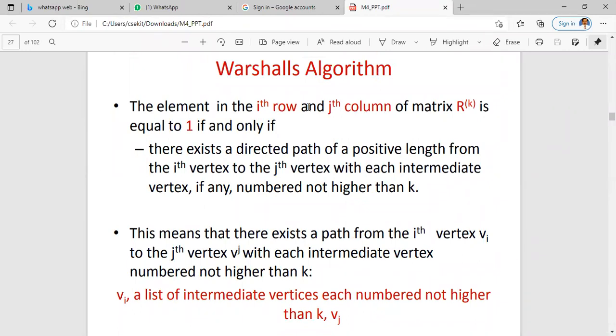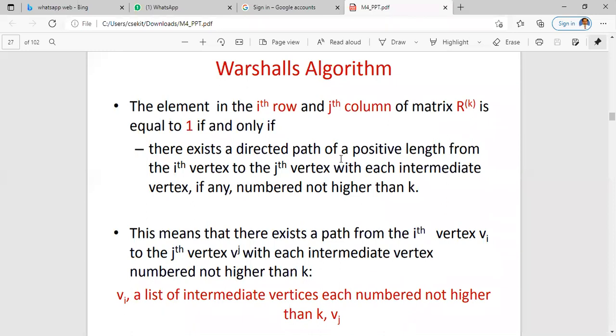The element in ith row and jth column of matrix R is equal to 1 when there is a directed path of positive length from ith vertex to jth vertex, with each intermediate vertex, if any.